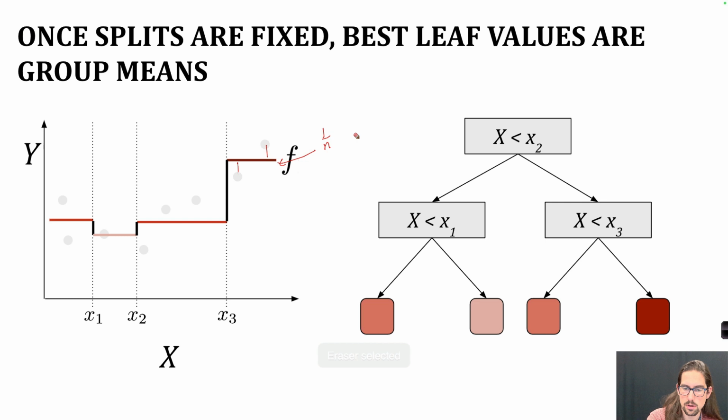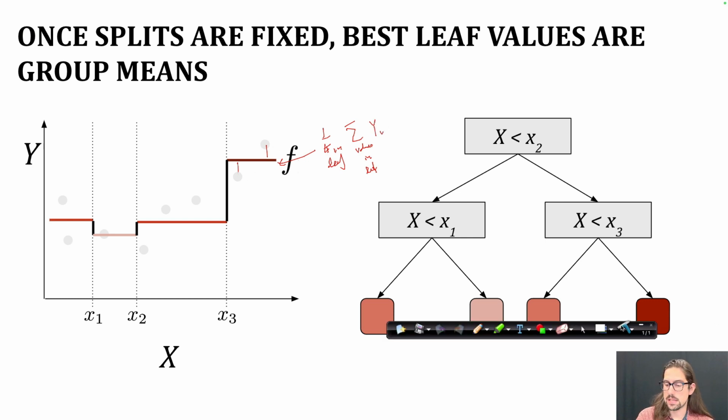So this is the number, I'll just say number in leaf, over the sum of the values in leaves of the outcomes. So it's just the average outcome in the leaves. That's going to be your best leaf value.